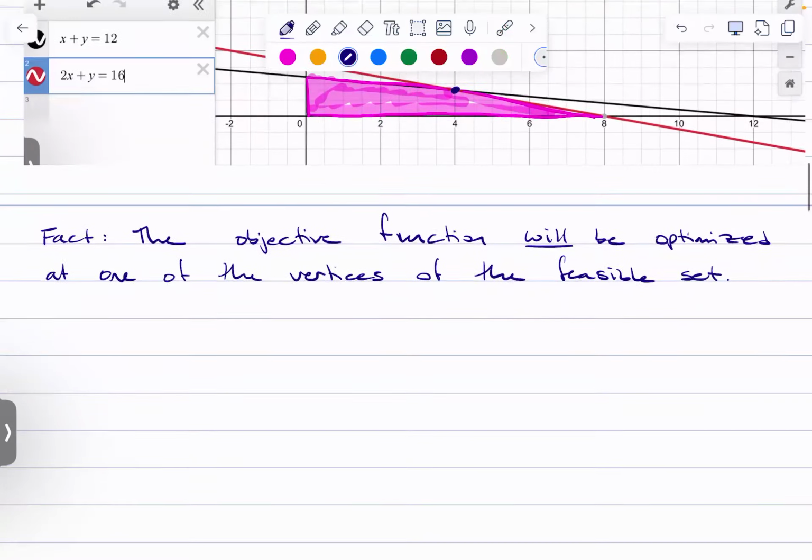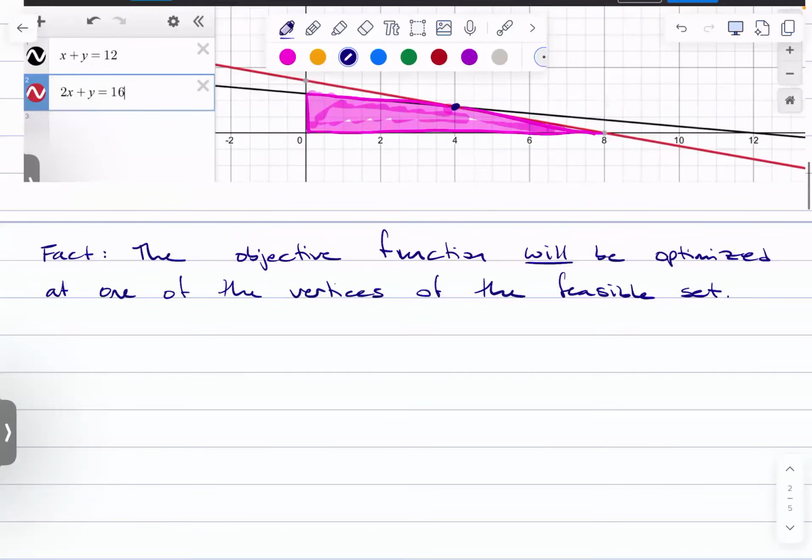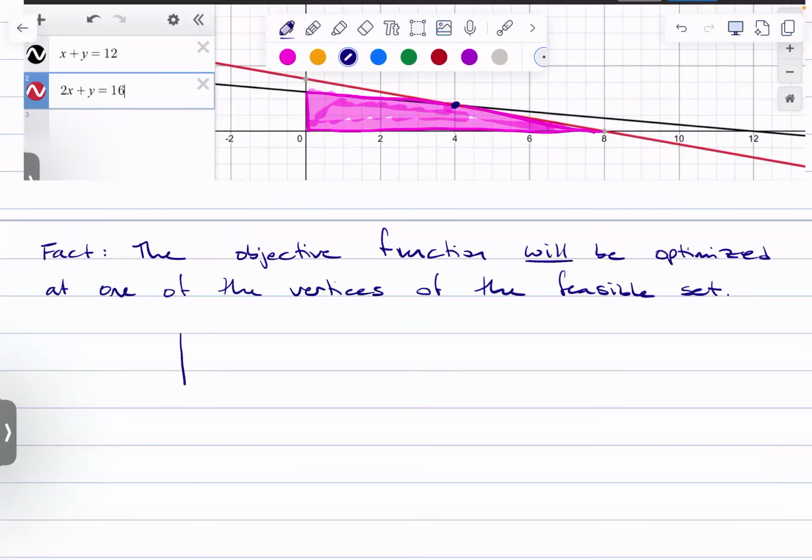Now, let me try to make it more obvious. Oops. Try to, I guess, is the operative word.